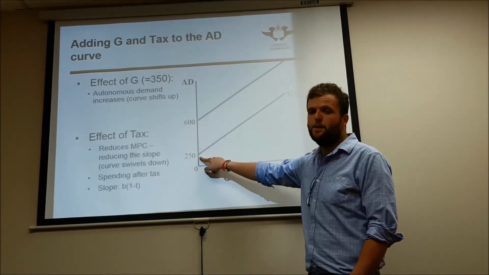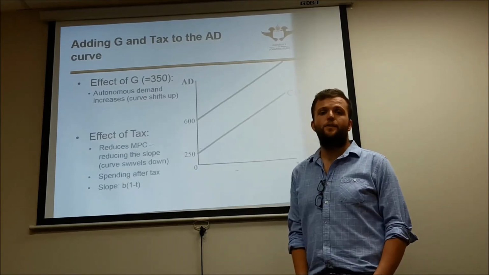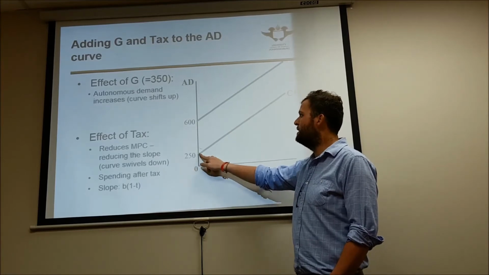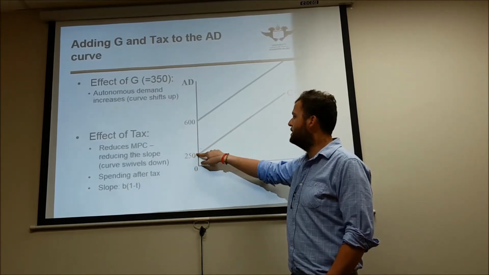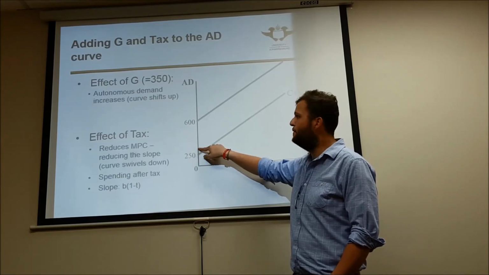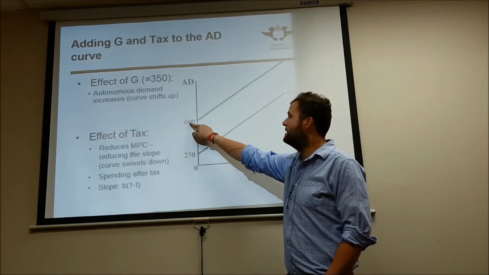Now we add the government to this section, and we say government spending is 350. 350 autonomous, meaning independent of income. So given income is 0, they spend 350. So we just add another layer, or just move up from the 250 to 600. Why? Because 250 plus 350 is 600.